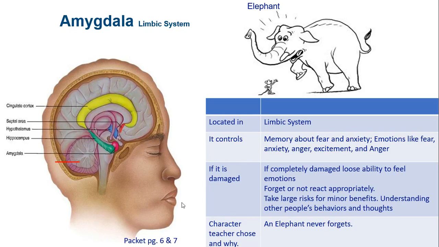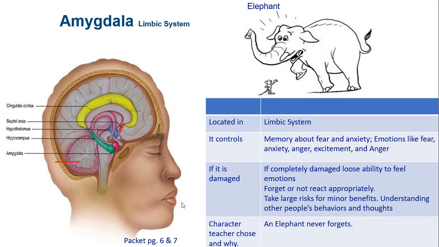So let's say that when you were a little kid, you got stung by a bee. And so now you're afraid of bees, right? Your amygdalas don't remember the time that you got stung by a bee. It's not like the memory is in there. Your amygdalas remember how to react to that. And so if you see a bee, now you're an older person, you see a bee, your amygdalas turn on the correct reaction. That is the fear reaction.